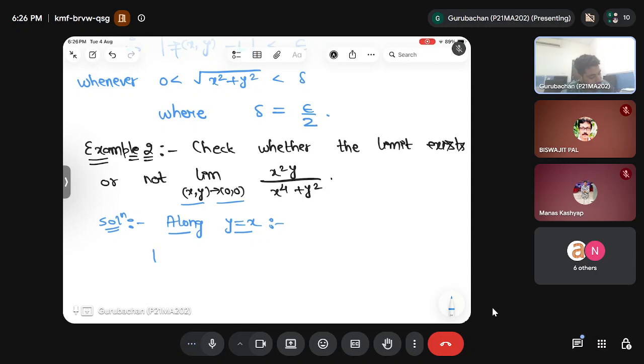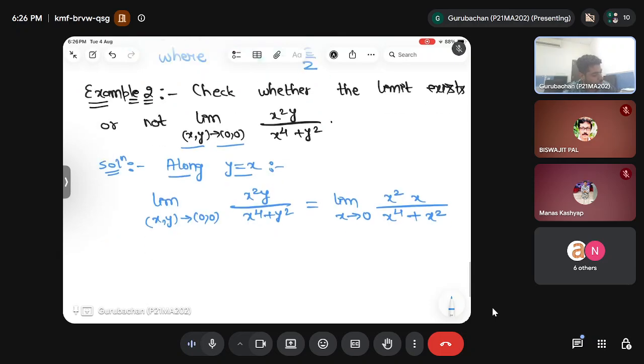So in this case, the limit as (x, y) tends to (0, 0) of x square y divided by x to the power 4 plus y square can be written as limit x tends to 0 of x square, you have chosen y equal to x, so it will be multiplied by x, divided by x to the power 4 plus x square. So from here, if you try to calculate, you will get 0.